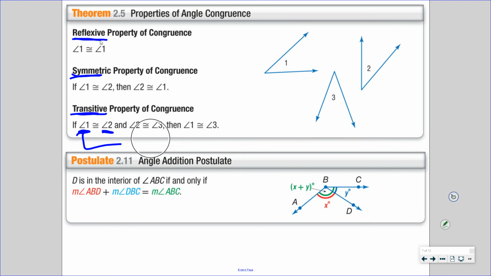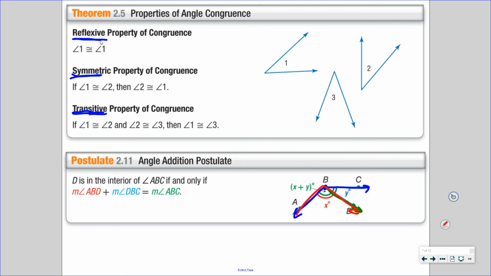All right, here's another postulate that you've used before in chapter 1. We know if we have one big angle here, like ABC, if I'm looking at this picture in our notes here, if I have a ray and point D is in the interior of this angle, it's going to split this up into 2 angles.